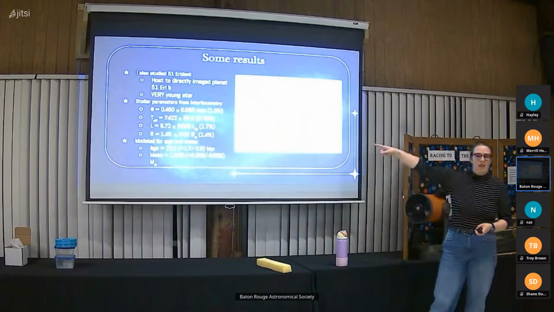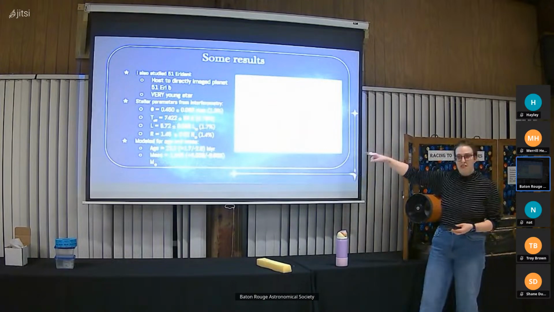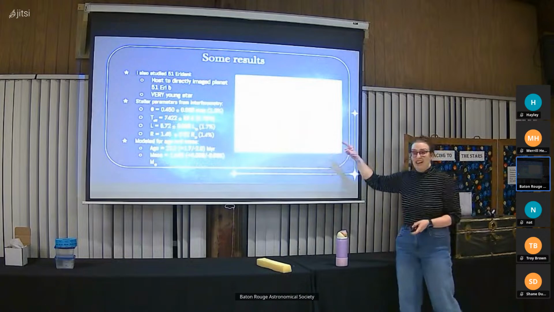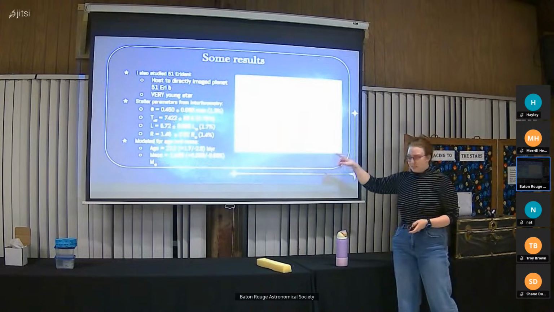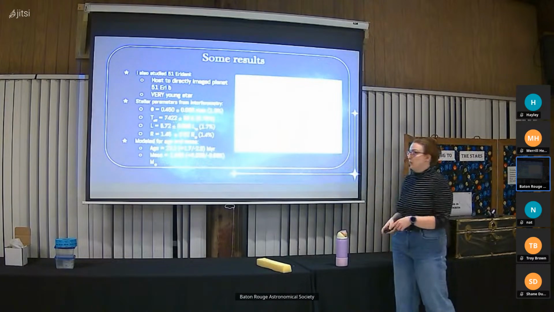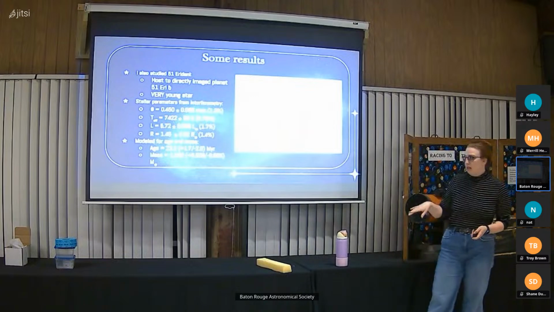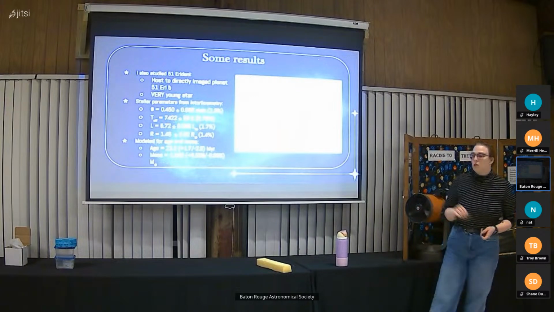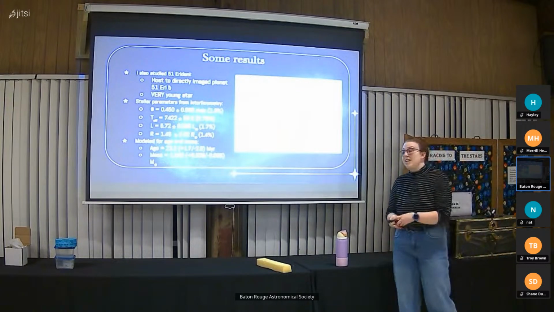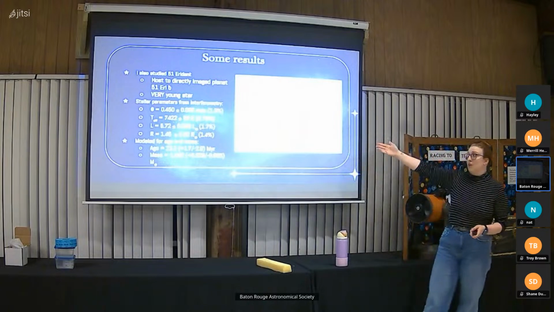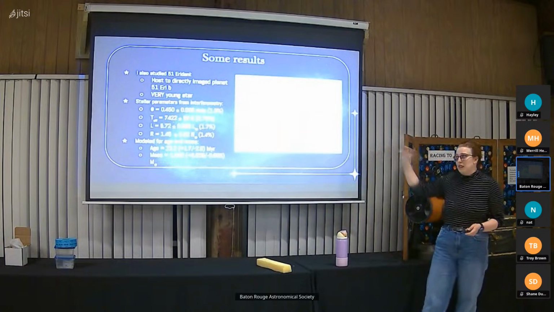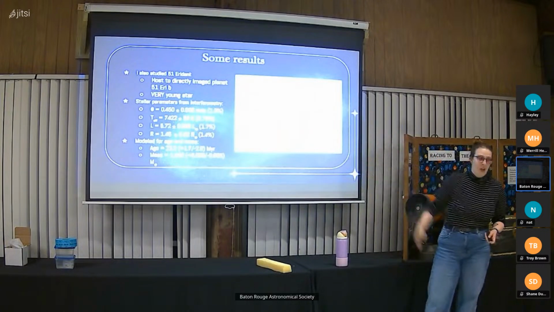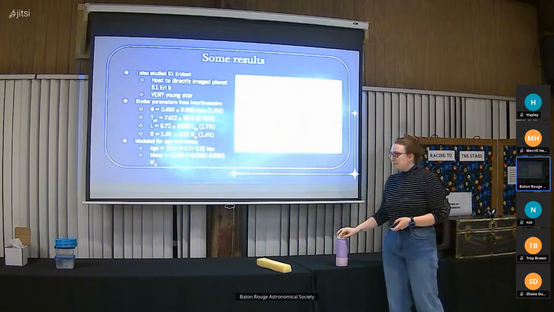So I know that this star, that's my error right there, which means that my temperature and luminosity measurements are also very precise. I'm 99 point whatever percent sure that the temperature of this star is 7,422 Kelvin. And same with the luminosity.